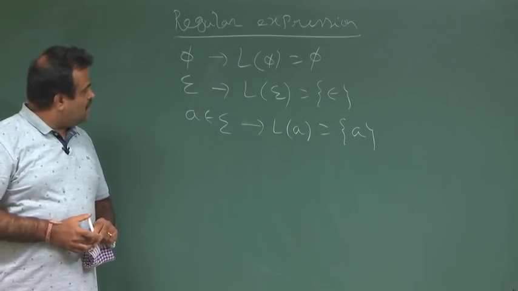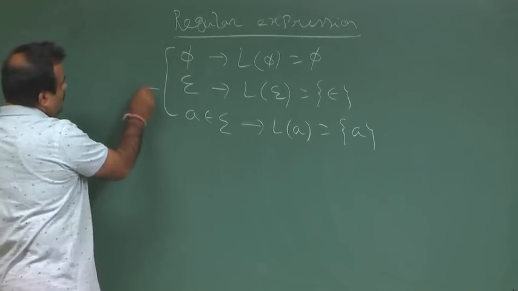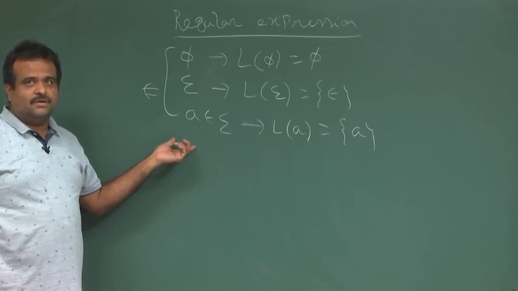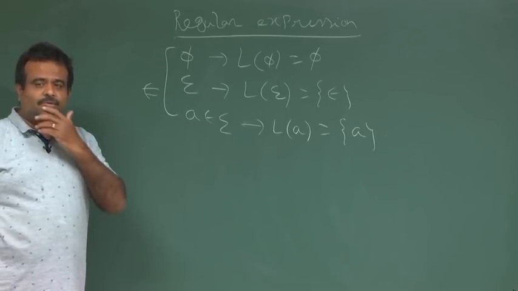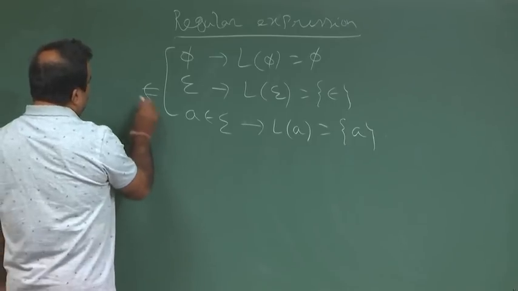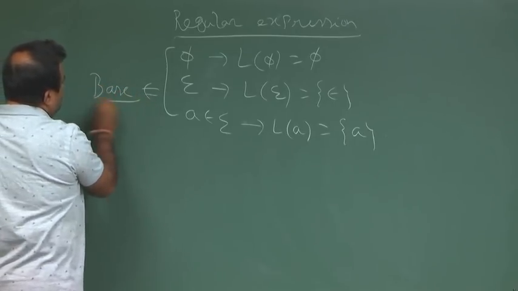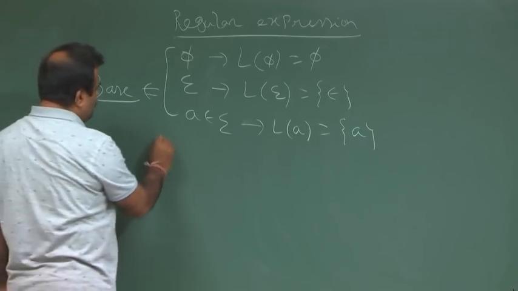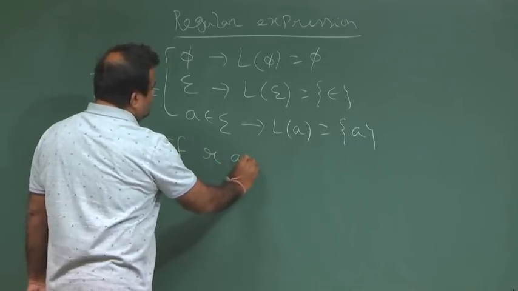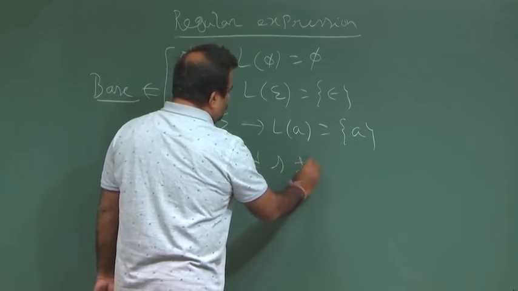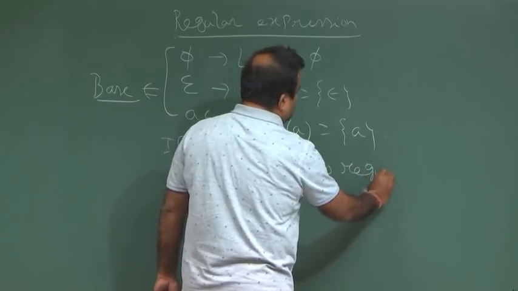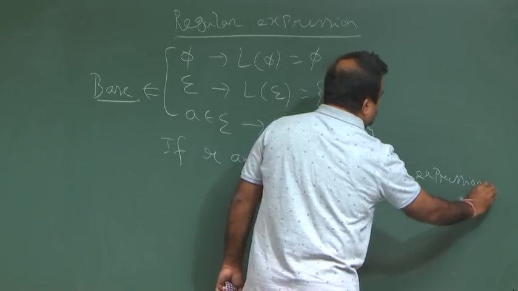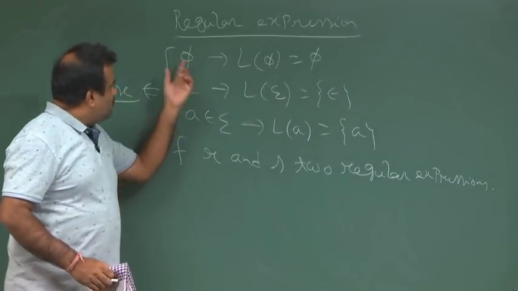Okay. So, this is the way we define the regular expression for these notations, and then we recursively define the regular expression. If this is what we call the base, then recursively, if R and S are two regular expressions, R and S could be any one of these.